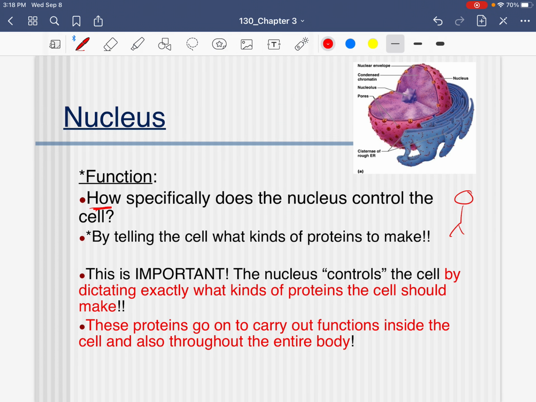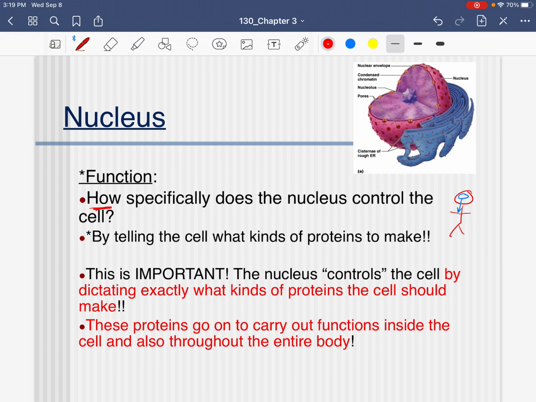In our overall body, we have our brain, and the brain oversees the overall body by sending out nerve impulses, which are electrical currents. Well, it's a little bit different in the cell. When we look at each individual cell, the nucleus doesn't send out nerve impulses. Nope, that's not how it actually oversees the cell.